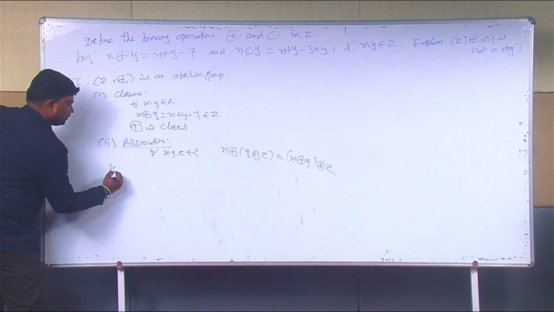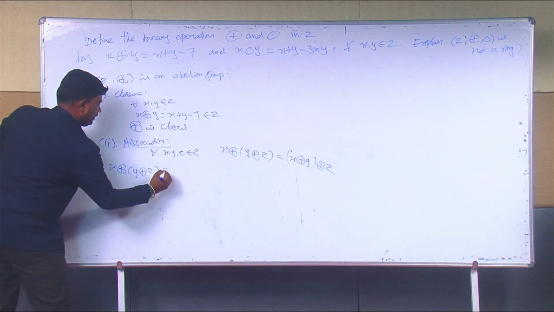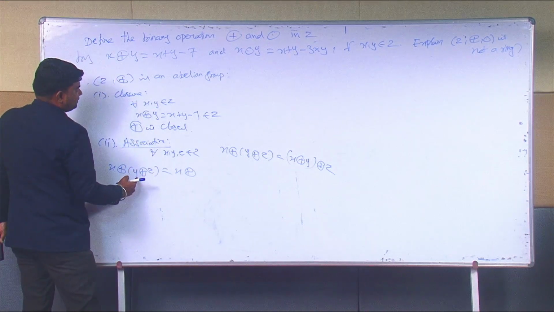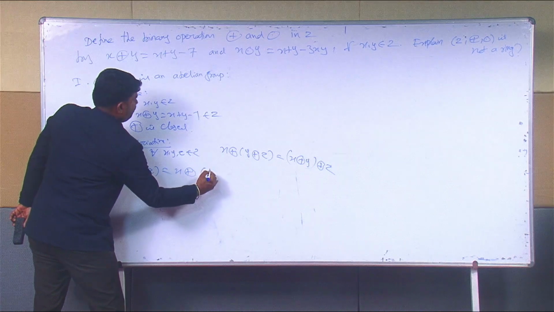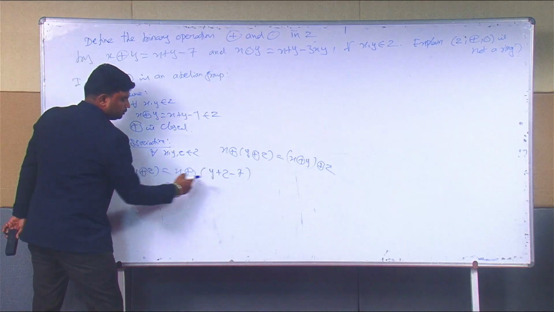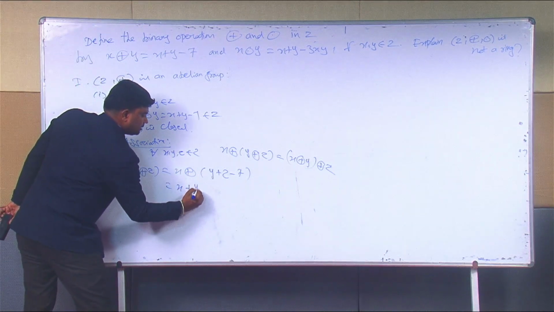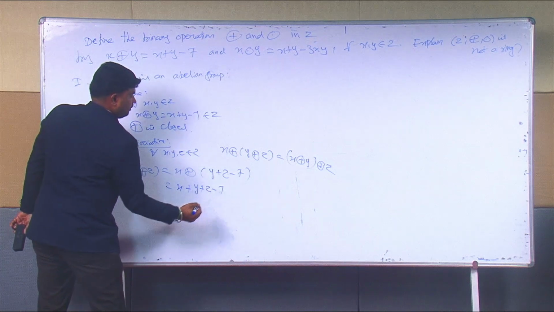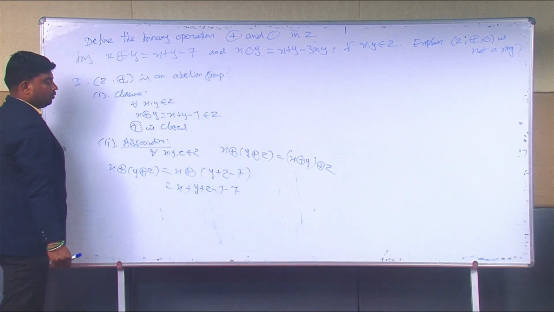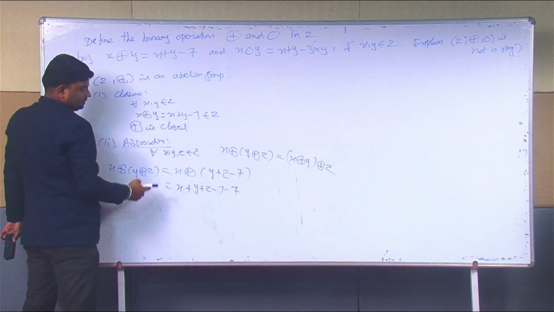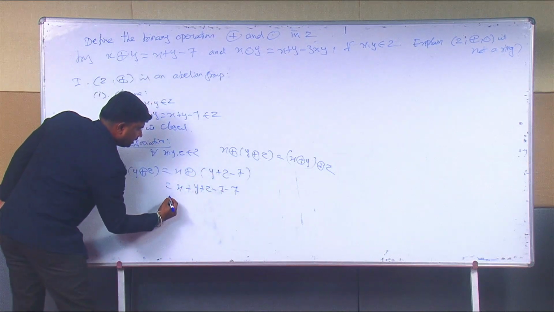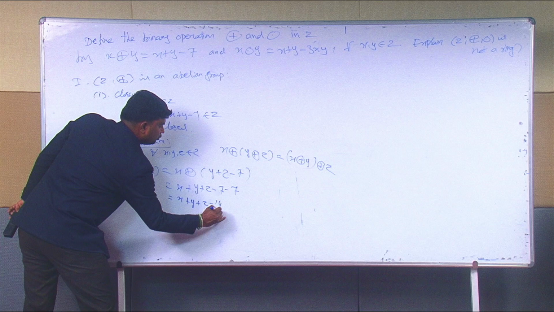Take the left side, x addition modulo y addition modulo z equal to x addition modulo, and now implement the addition modulo condition for y and z: y plus z minus 7. Again implement the condition for these two terms: x plus y plus z minus 7, and again minus 7. Adding these two terms, put minus 7. So finally x plus y plus z minus 14.